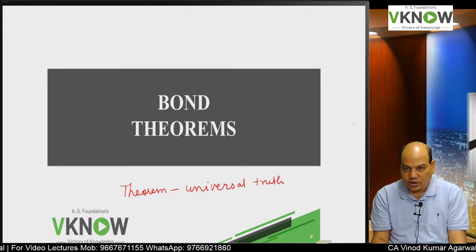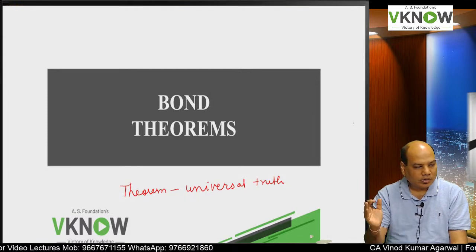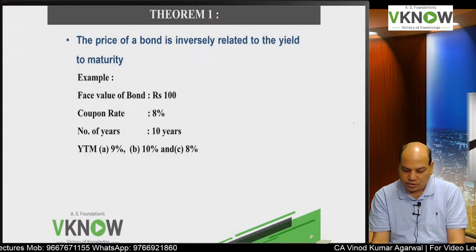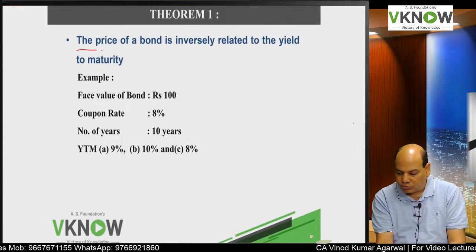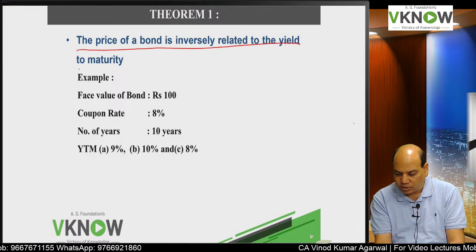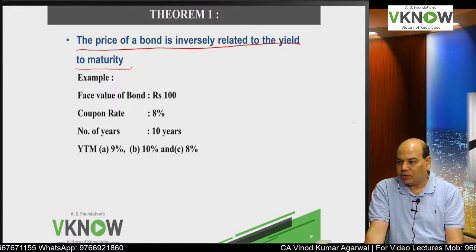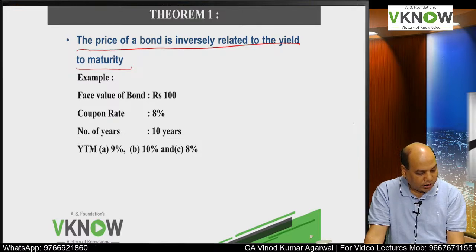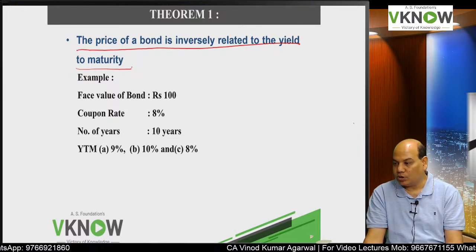As long as these conditions are fulfilled, the bond value will react accordingly. The first theorem, which we have already covered in question number 1, is that the price of a bond is inversely related to the yield to maturity.